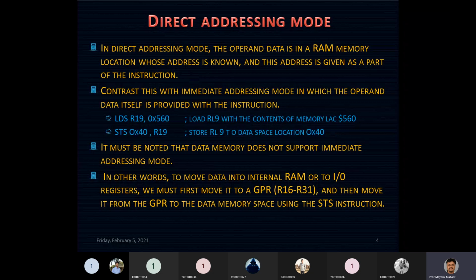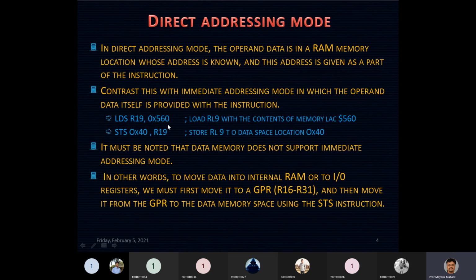In this we have two instructions, LDS and STS. Direct addressing mode means you can directly give the value of an address. In this mode, the operand data is in a RAM memory location whose address is known, and this address is given as a part of the instruction.